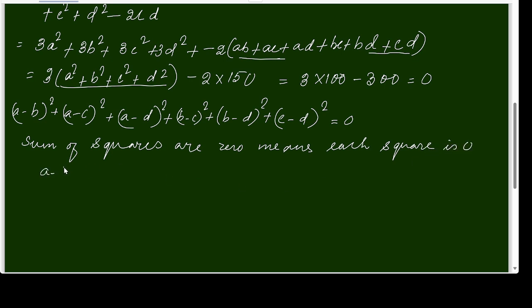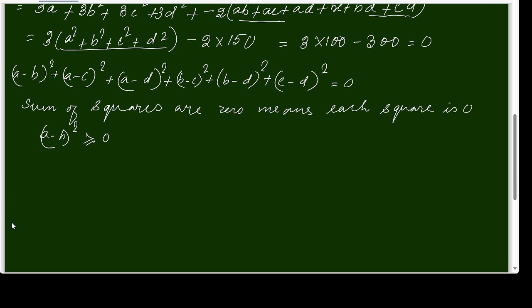Because a minus b whole square cannot be negative, either it will be 0 or greater than 0. So each is a non-negative term, either 0 or greater than 0, and the sum is 0. What does it mean? That means each of the terms is 0. Each of the 6 terms is 0.